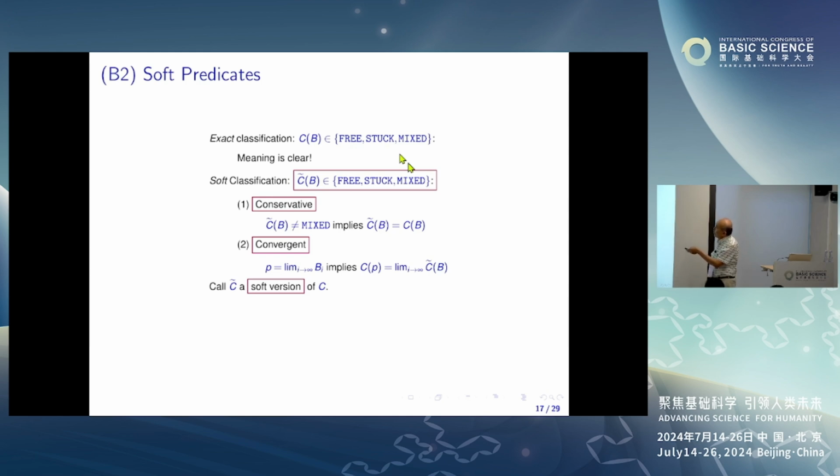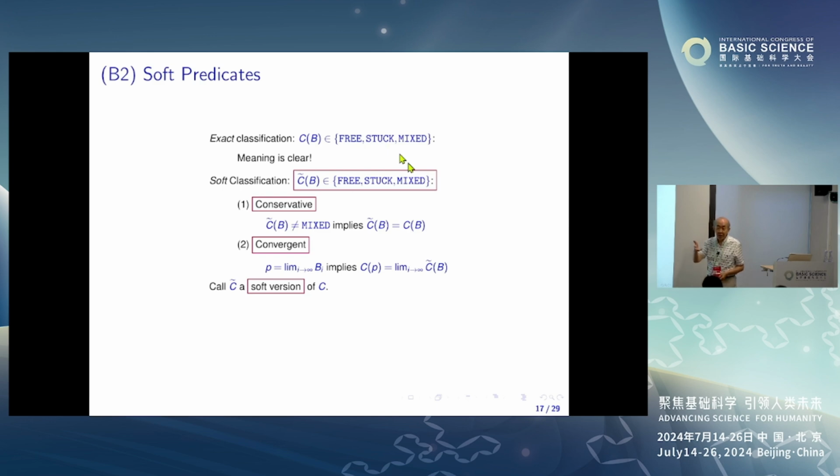What I want is soft classification. So C of B is the classification of a box. C tilde of B is also a classification, but it's an approximate classification. This approximation is conservative. It means that if it says free, if it's not mixed, then it's actually correct. If it says green, it really is green.